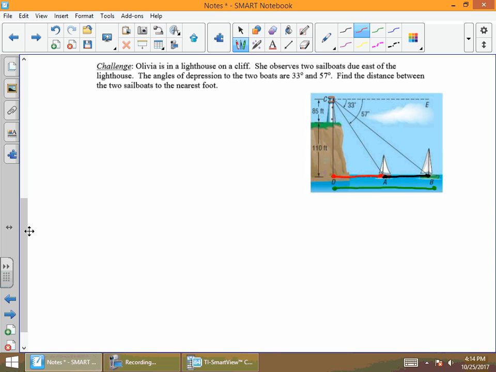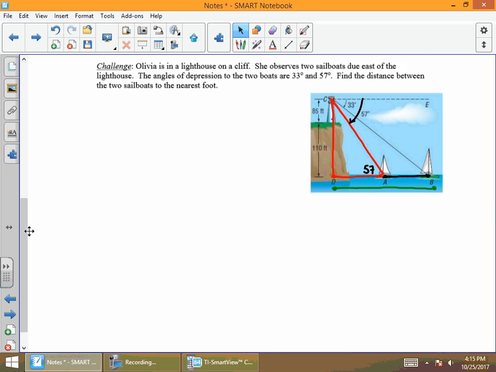As I take a look, I can turn this into a red triangle. That's pretty easy. Whoa, I say it looked easy, didn't it? There and there. So my angle of depression to the red line is right here. It's 57 degrees, so this angle down here is 57 degrees.